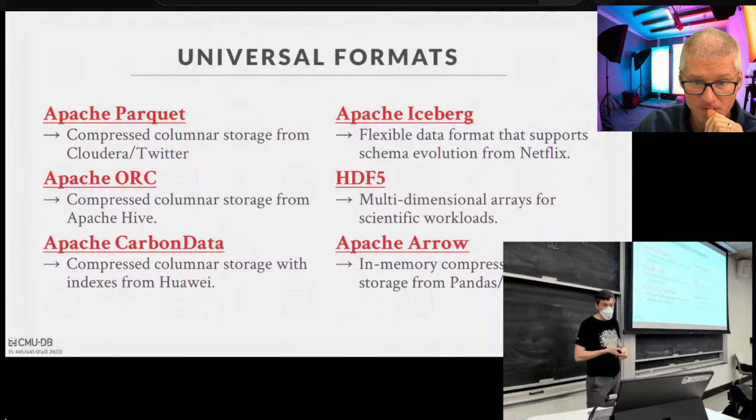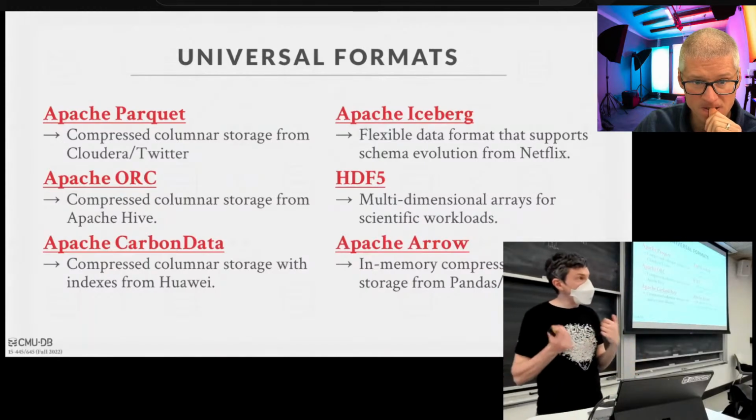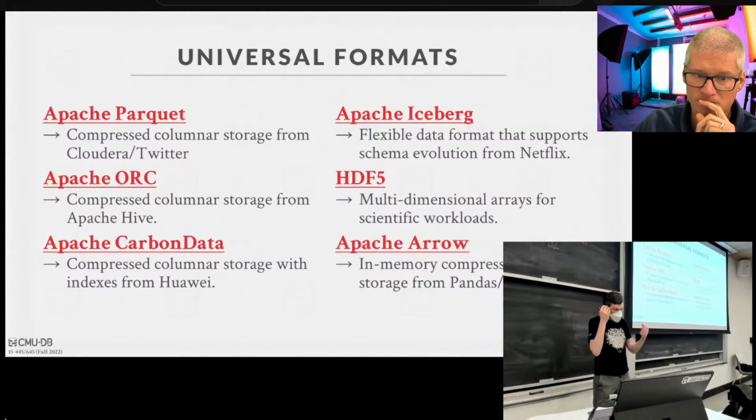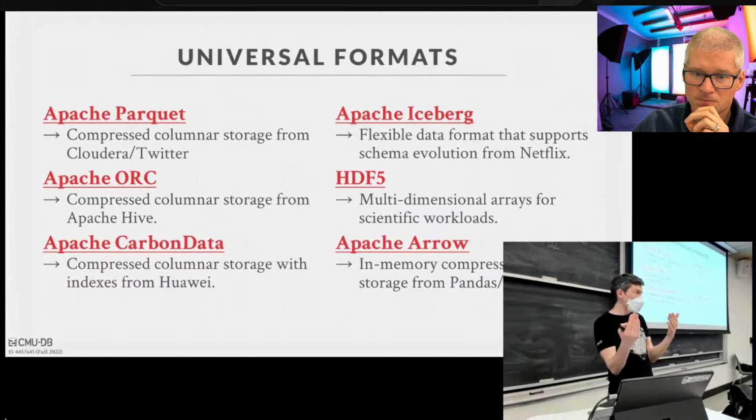And Apache Arrow is a newer one that came out of Pandas and Dremio, and this is for in-memory representation of columnar data. And the idea here, which is kind of cool, is that you could store your data in memory in the Arrow format, and either do fast transfers over the network to send it to another node, or potentially have another process running on the same box as you peek into your memory and know how to consume the Arrow data directly.